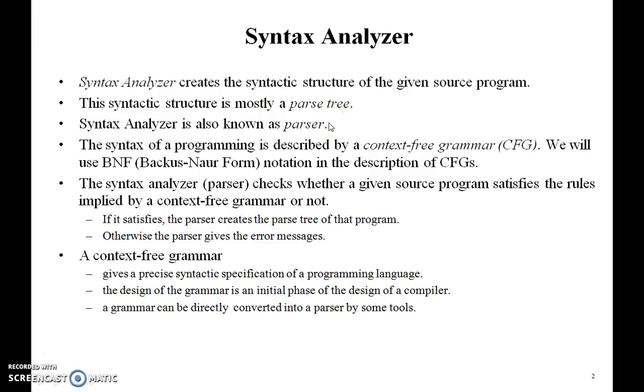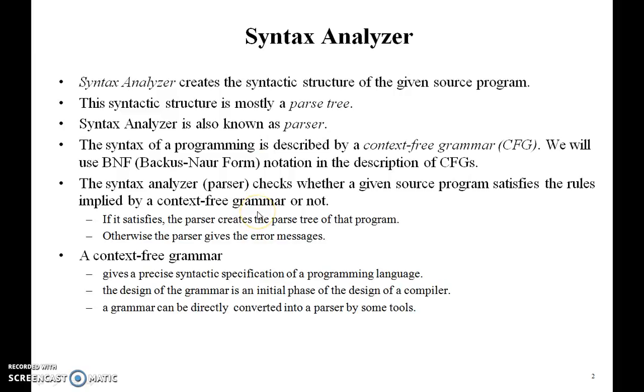Actually, how the parser works is that it gets its input based on the syntax of a context-free grammar. We have already studied context-free grammar in theory of computation or other automata-related subjects. Context-free grammar is a kind of grammar used for computational purposes, represented with the help of Backus-Naur Form, which we call BNF.